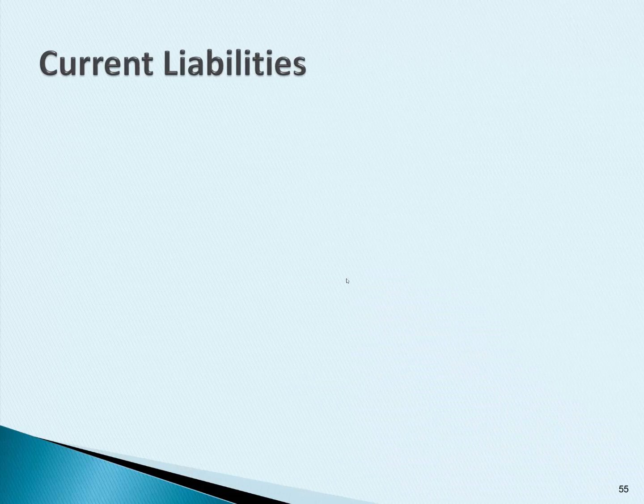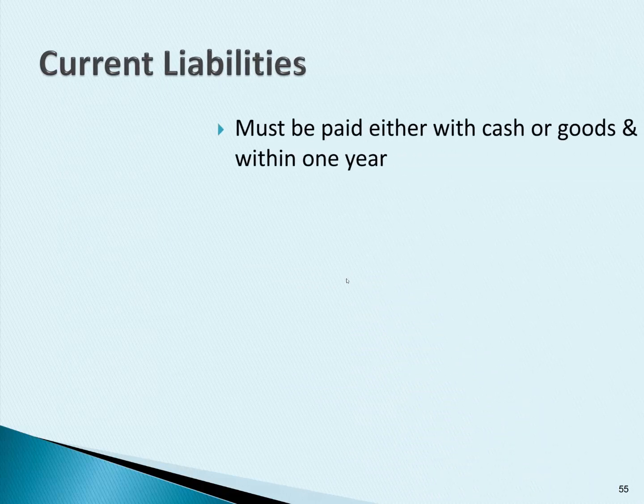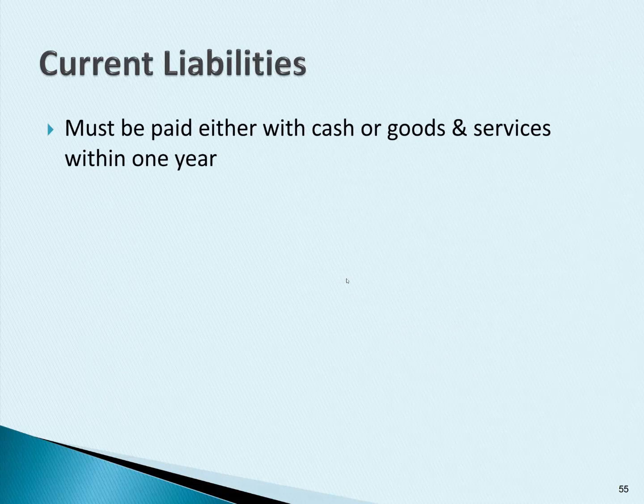Now let's talk about how to classify our liabilities. A current liability would be any liability that must be paid either with cash or goods and services within 1 year. Now you might be wondering, what do you mean pay it with goods or services within a year? Well, remember, unearned revenue is when we receive cash from our customer for something we've not performed yet or some product we've not sent them yet.